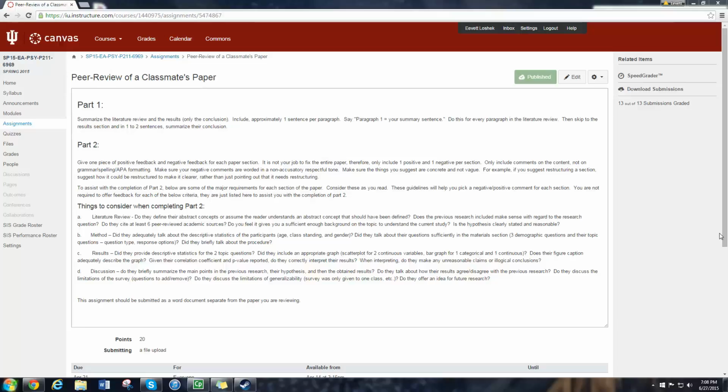Since it isn't your job to polish up this paper for them, all you're going to be doing is providing one piece of positive feedback and one piece of negative feedback per section of that paper. So we have 4 sections of the paper: the lit review, the method, the results, and the discussion. So you will be creating 8 pieces of feedback, 4 positive and 4 negative.